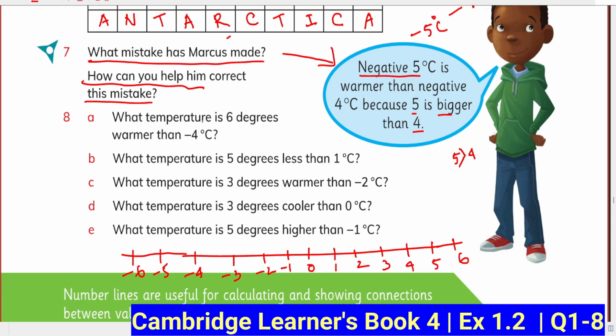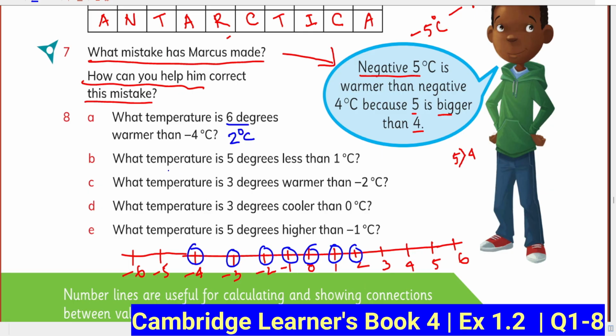So minus 4 plus 6 degrees, 6 degrees warmer means 1, 2, 3, 4, 5, 6. It means it's 2 degrees Celsius.